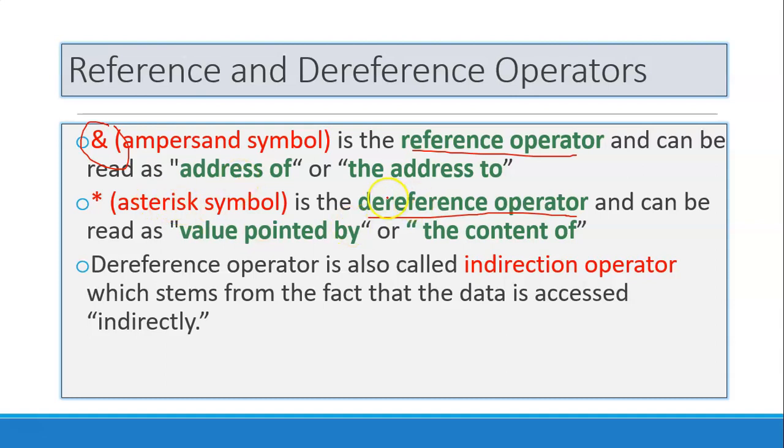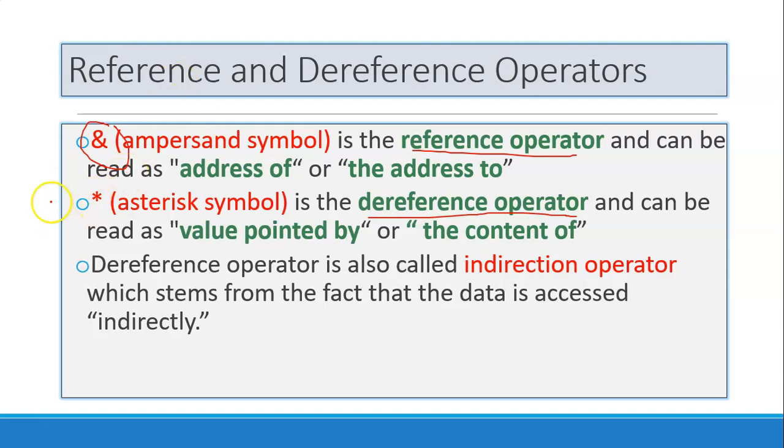Another one is the dereference operator, which is the opposite of this. The first one helps us to get the address of a variable, while the second one uses the address to get the value which is pointed to by that address.